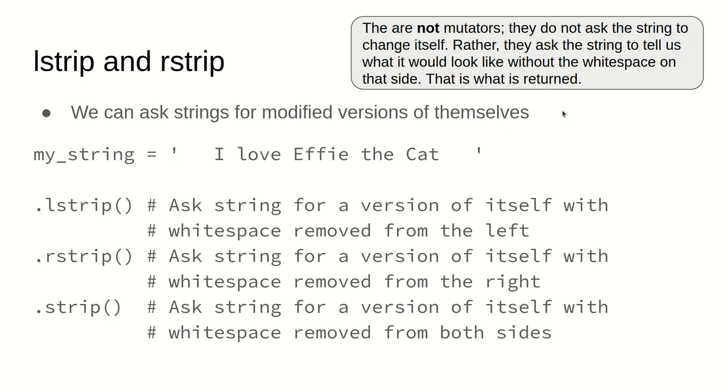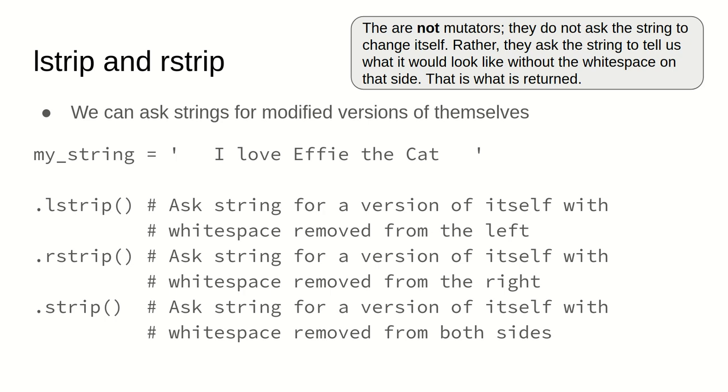And I want to reiterate, these will not change my string, the variable there. If I call myString.lstrip, myString.rstrip, and myString.strip, the original myString will not change because strings are immutable.